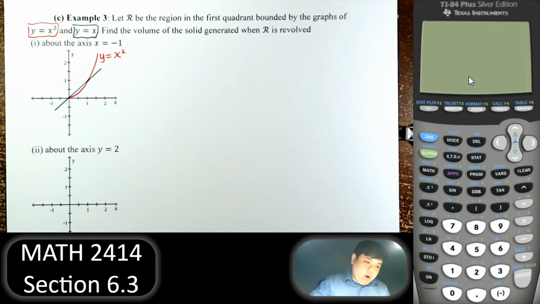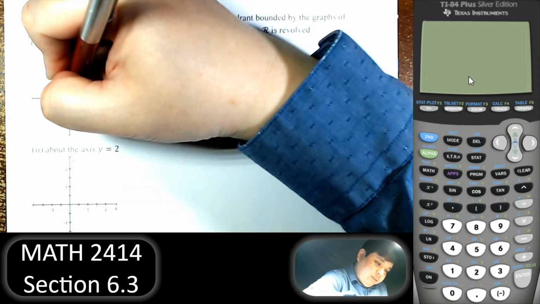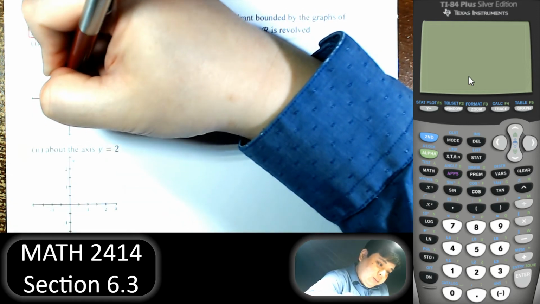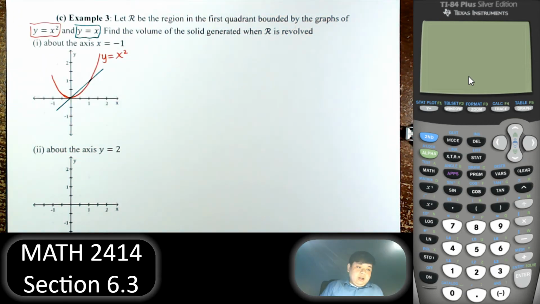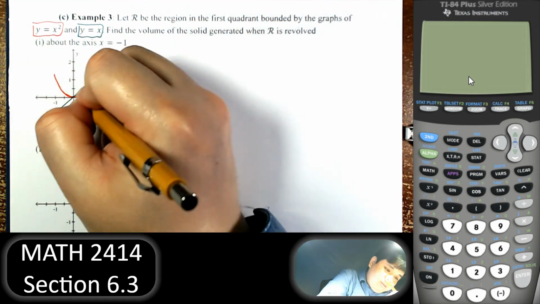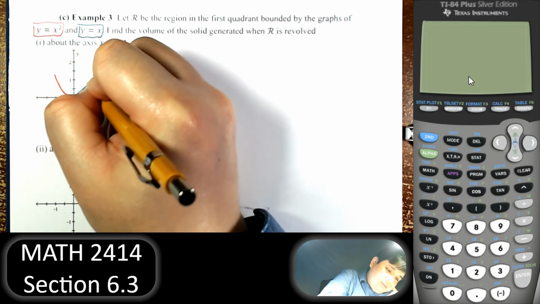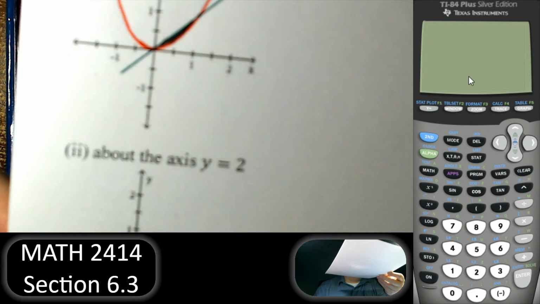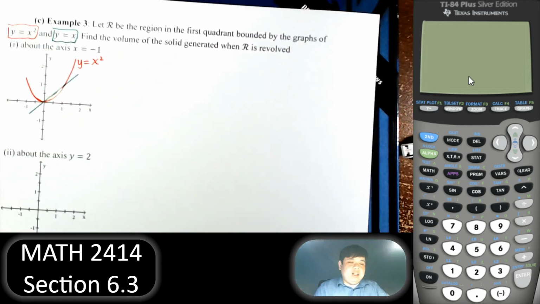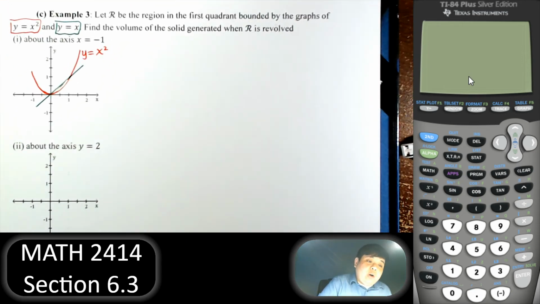It's in the first quadrant, so we only talk about this small region there. Yeah, I think that looks better. Find the volume of the solid if this is rotated about the axis x equals -1. So x equals -1.